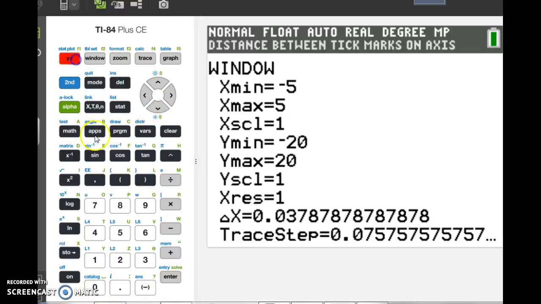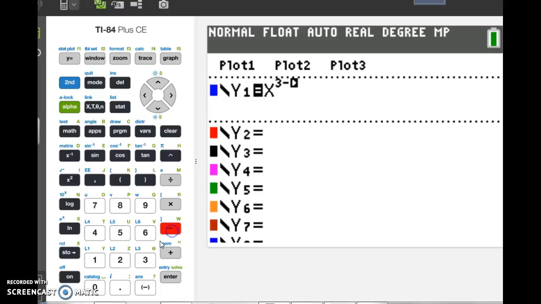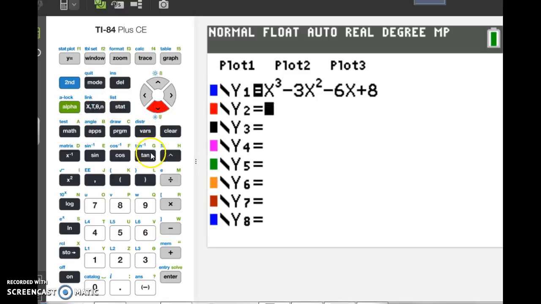All right, now let's put our graphs in here. I'm going to put all three of them in at once. So this is going to be x cubed, whoops, forgot to go off there, forward arrow first, minus 3x squared minus 6x and then plus 8. There's the first one.